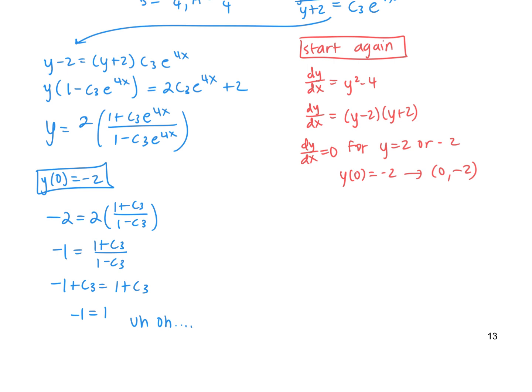So what we do with that then is we go back to our equation using these two values that we solved for. So we know that dy/dx will be 0 for one of those two values, or maybe both. So we have plus or minus 2, that's our y, is equal to 2 times 1 add c3e to the 4x over 1 subtract c3e to the 4x.